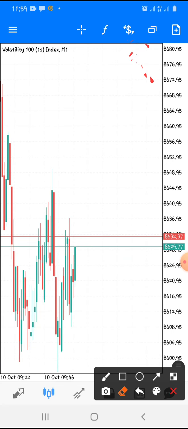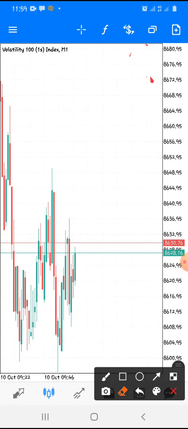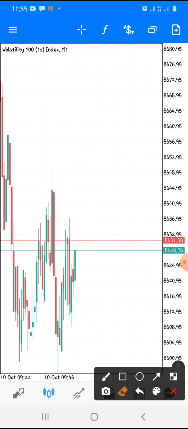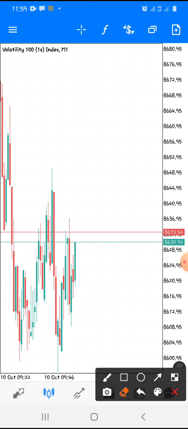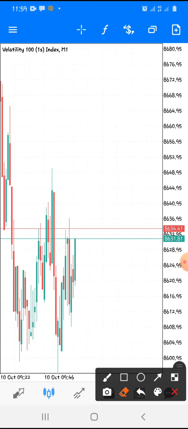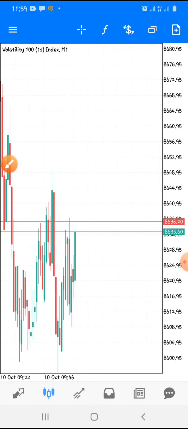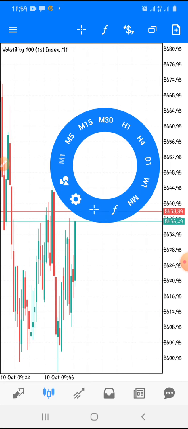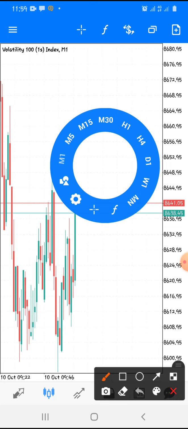So if I'm talking of currency pairs, you have to click that icon. For instance, if I click at the center of my chart, this is what you're going to see.